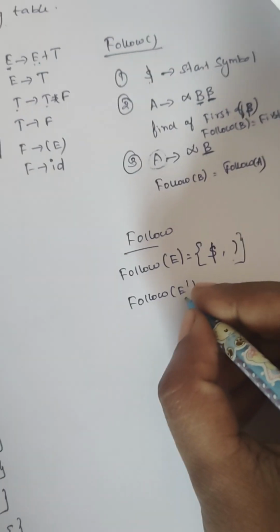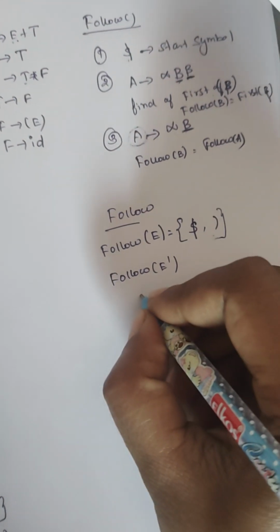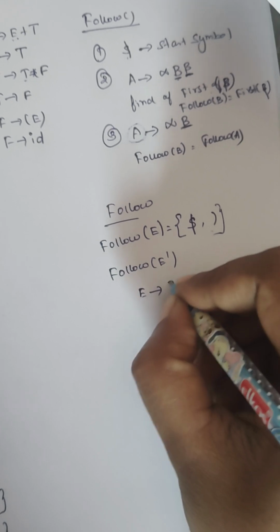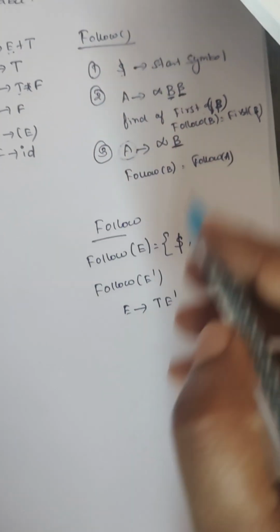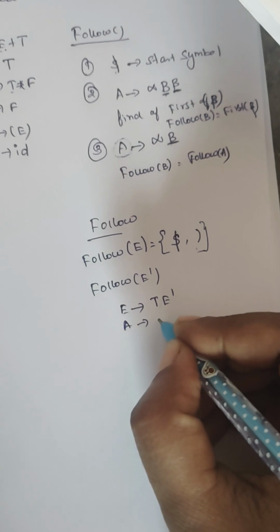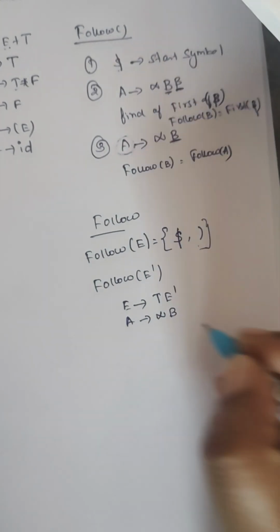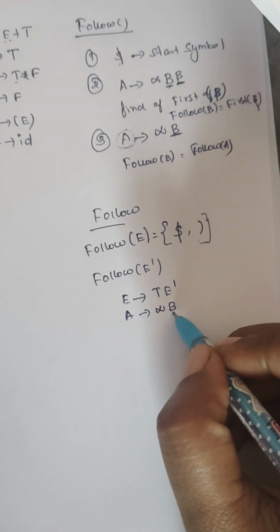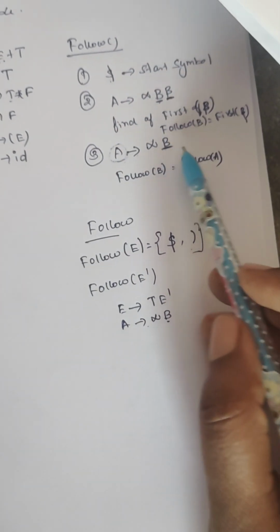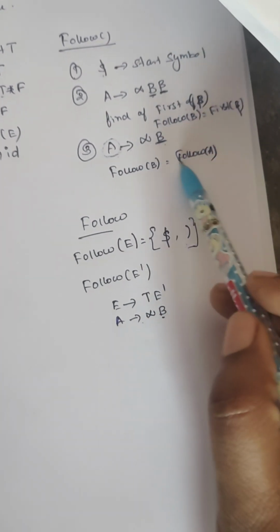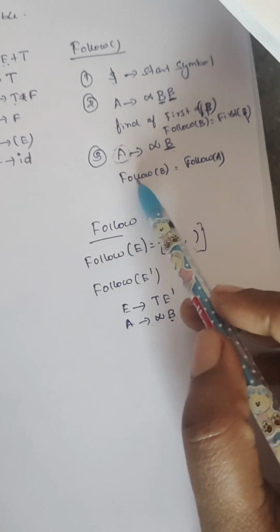To find FOLLOW of E dash we need to take E tends to T E dash. This is like our third rule, that is A tends to alpha B. If you have a condition like this, the formula says that FOLLOW of A will be the set of FOLLOW of B.